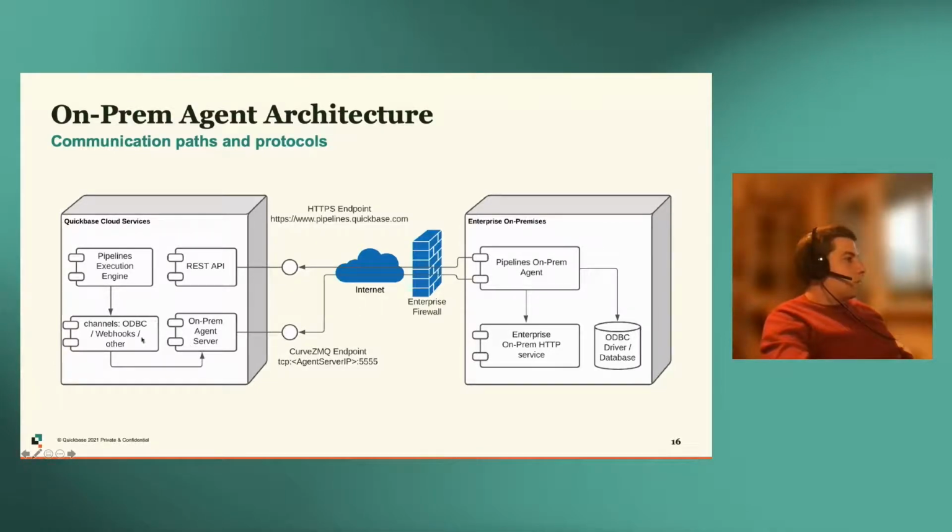For this purpose, these channels can communicate with the on-premise agent server, which terminates the connection coming from the on-premise network.